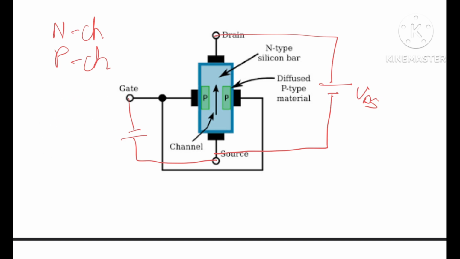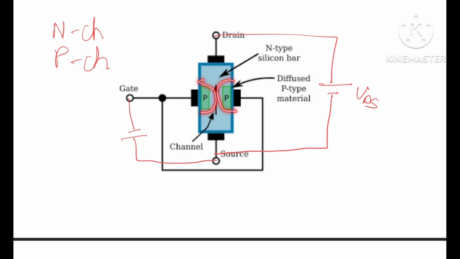A JFET is basically an N-type silicon bar that has two P-type diffused materials here and here.